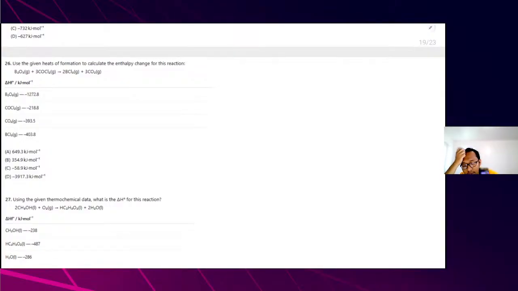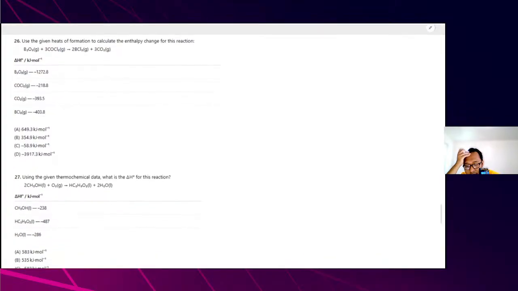We'll use the given heats of formation to calculate the enthalpy change for the reaction. Still the same: delta H is product minus reactant. For the product, 2 PCl3, it will be minus 4.38 times 2, right?